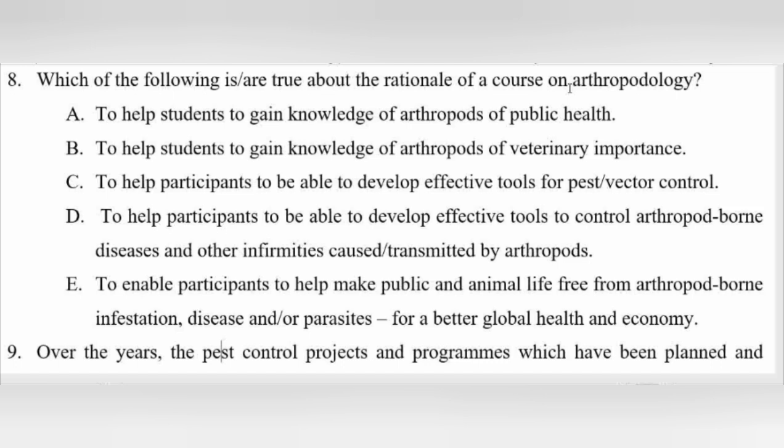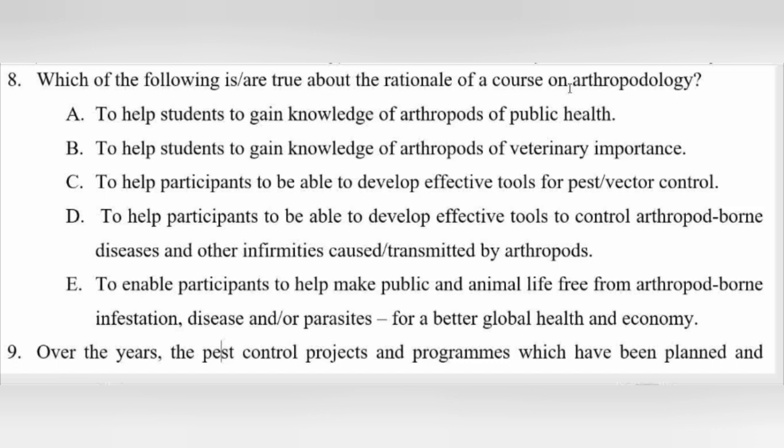Option A says to help students to gain knowledge of arthropods of public health. Option B says to help students to gain knowledge of arthropods of veterinary importance. C says to help participants be able to develop effective tools for pest or vector control.